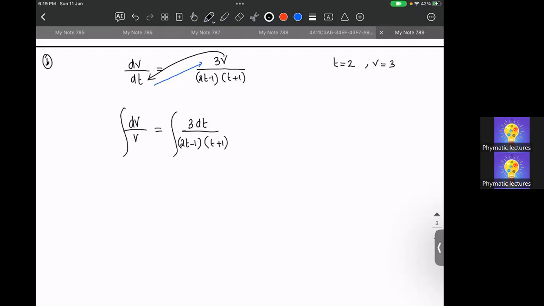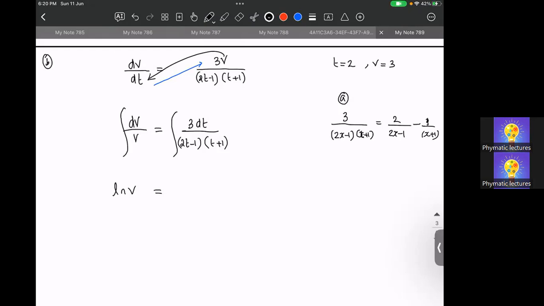The integral dv by v is ln v. There is no doubt in it. Integral of 3 dt by (2t minus 1) into (t plus 1). See, in the a part, we have already rewritten this fraction. That means 3 over (2x minus 1) times (x plus 1). We already calculated the partial fraction of this as 2 over (2x minus 1) minus 1 over (x plus 1).